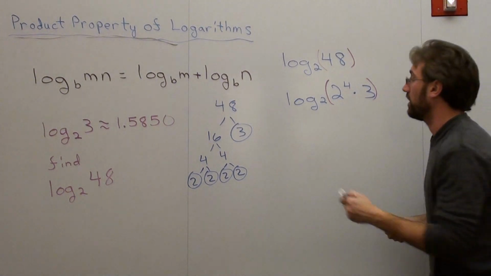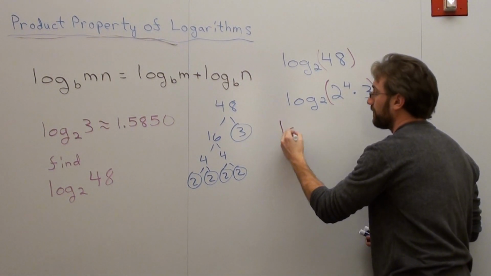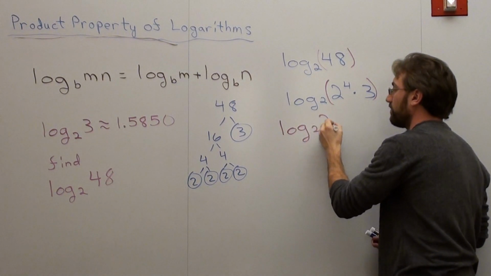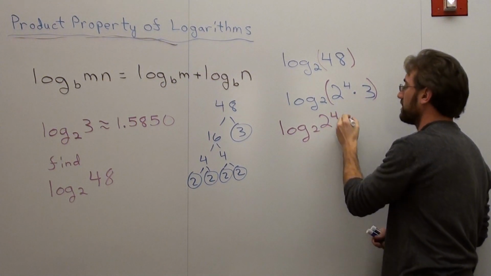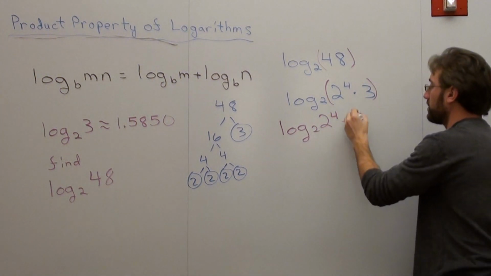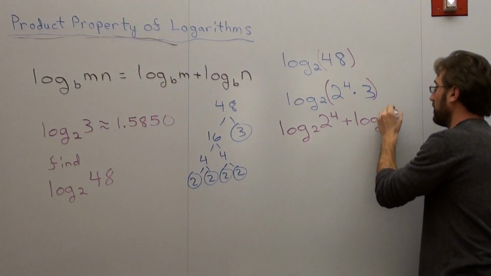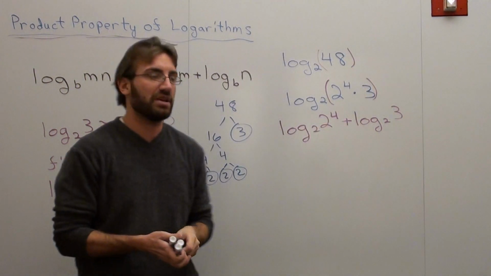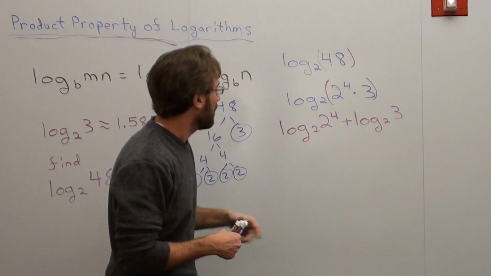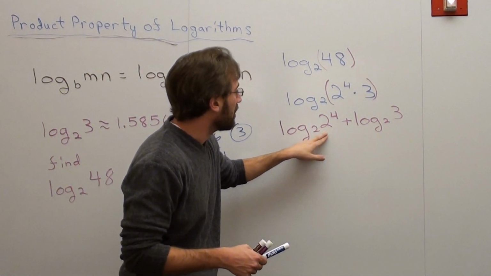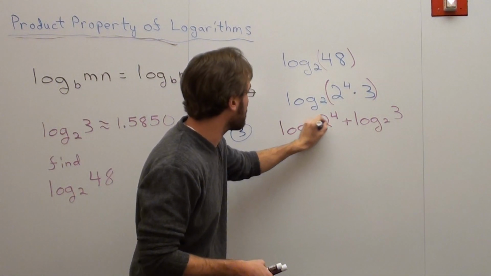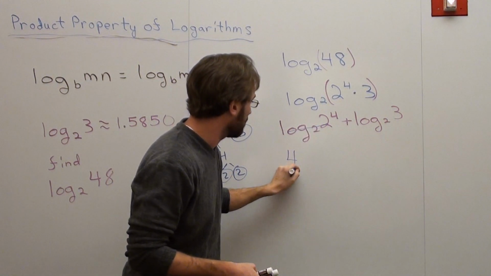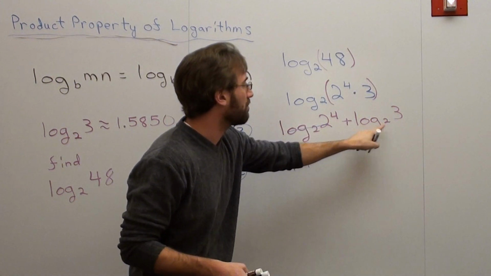So I'm going to make it log base 2 of 2 to the 4th plus log base 2 of 3. Now, don't be scared or intimidated because the best is yet to come. Log base 2 of 2 to the 4th, those are inverse operations, cancel, and I've got 4 plus log base 2 of 3.